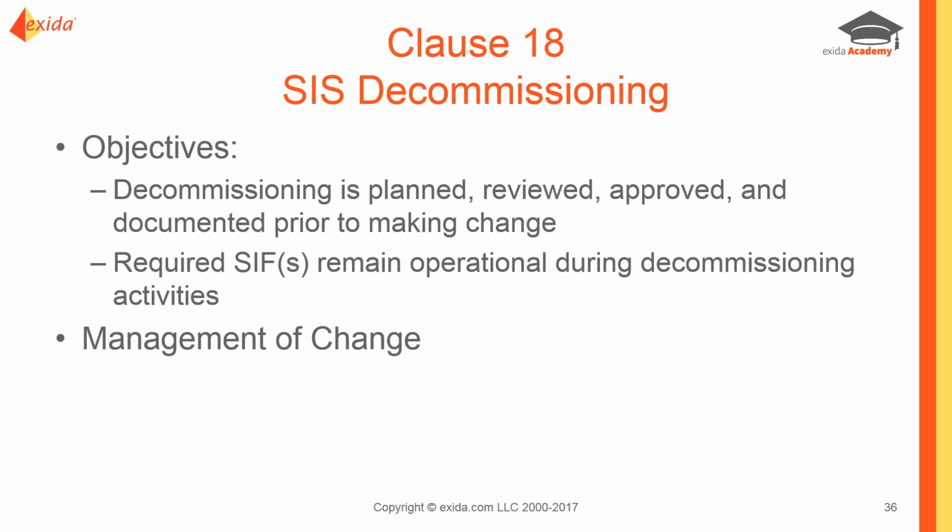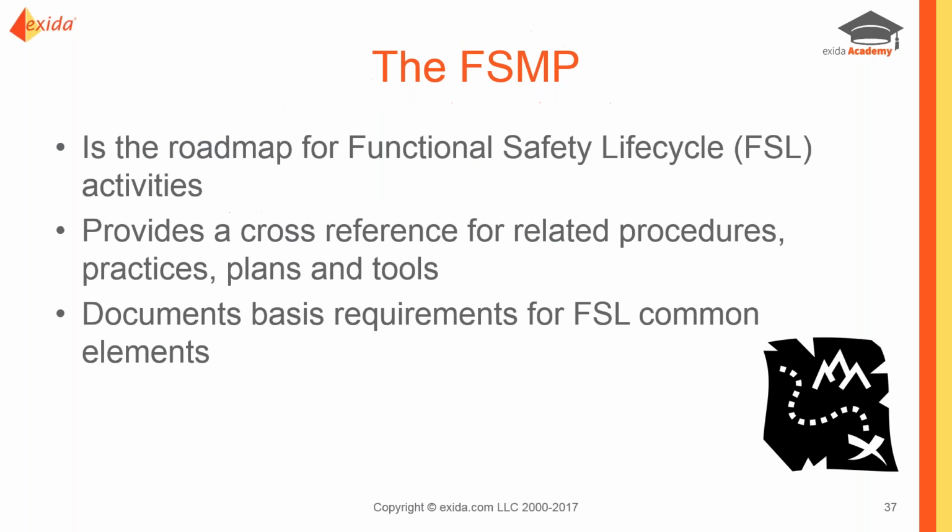So that pretty much concludes the new material. I want to just kind of quickly go over a few slides from the first phase and just remind us what we're looking for on the Functional Safety Management Plan to kind of wrap this up. It is our roadmap.